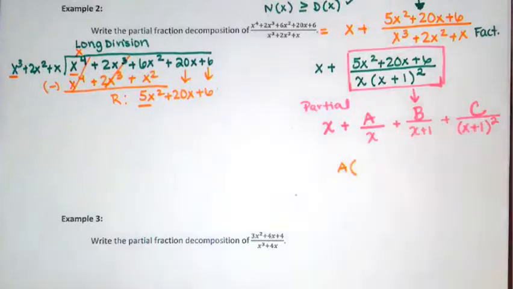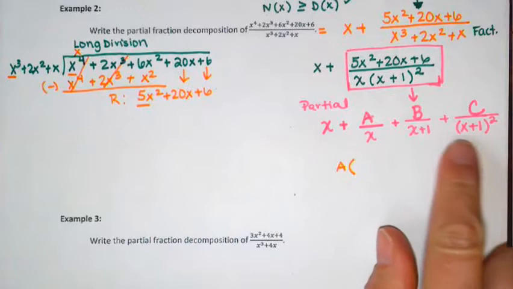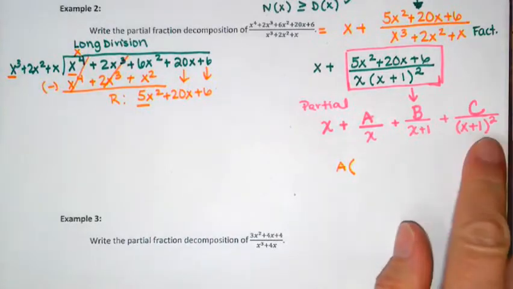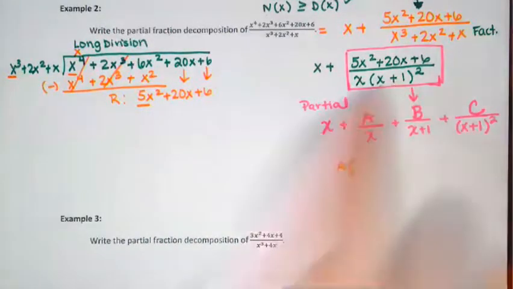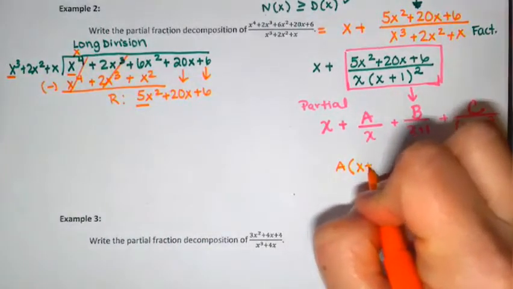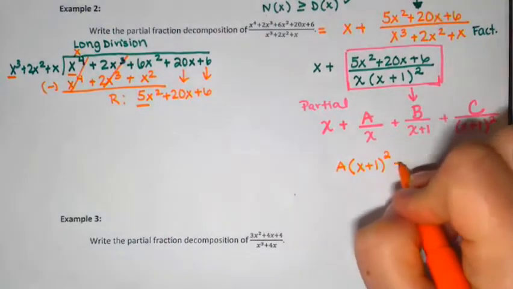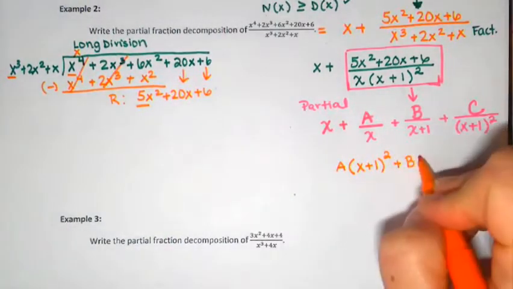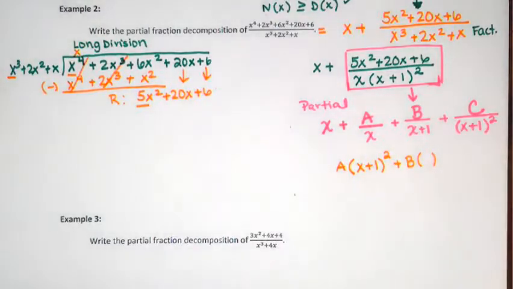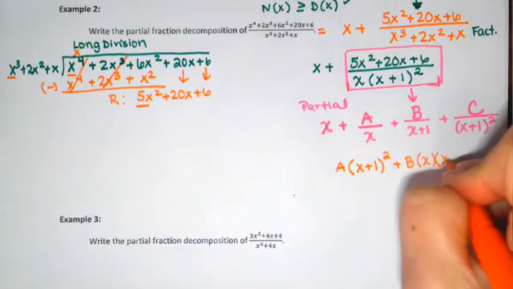So let's think of a for a second. A would have to be multiplied by what to get my common denominator here? x plus 1 squared, right? Because there's two x plus 1s. You guys okay with that? B, what would b have to be multiplied by? x and x plus 1, right?